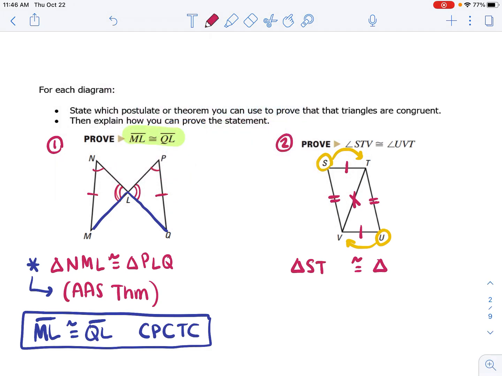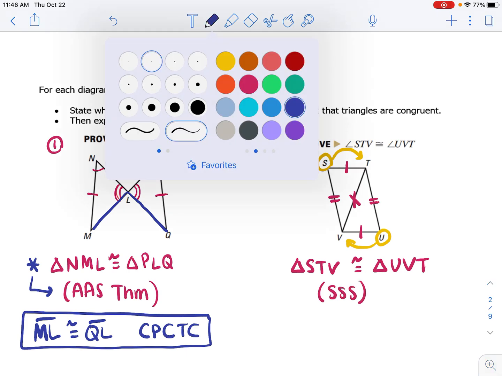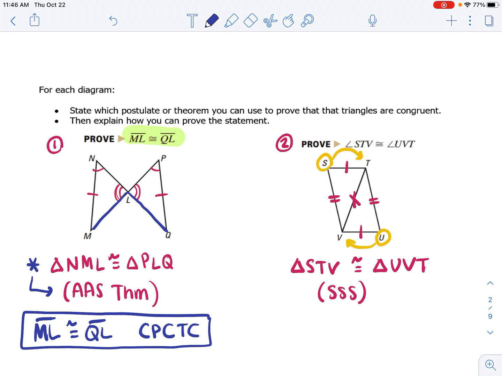So triangle STV is congruent to triangle UVT. And they are congruent through the side postulate. Now, we want to prove that angle STV is congruent to angle UVT.